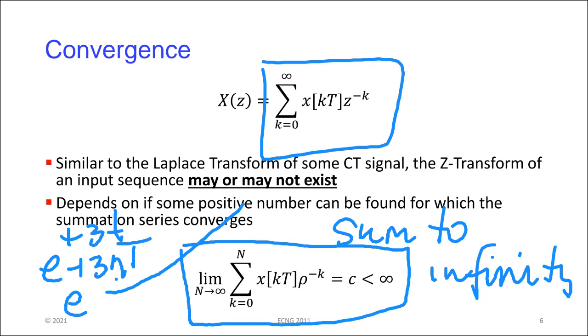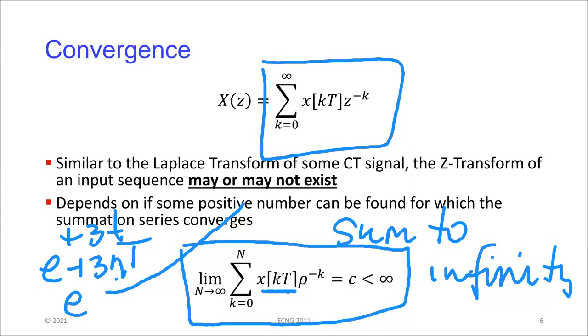So this is not going to sum to any final number, right? There are sequences like that, and there would be values for xkt that will not eventually sum to infinity, and therefore it does not have a Z transform.